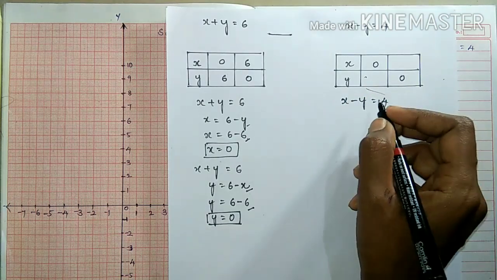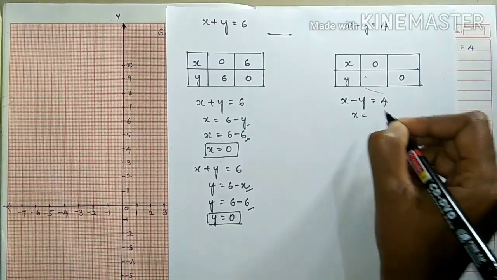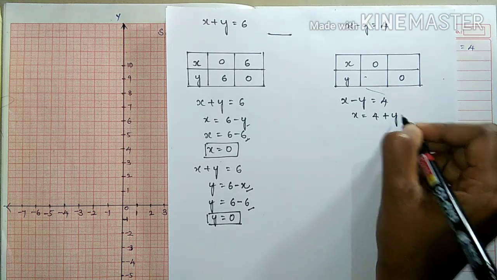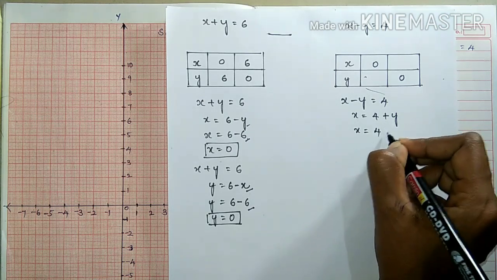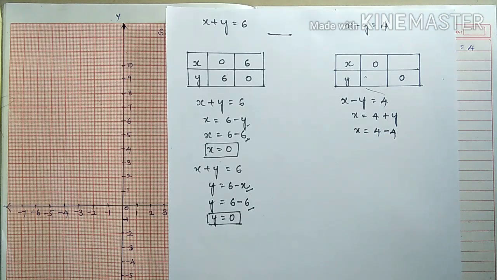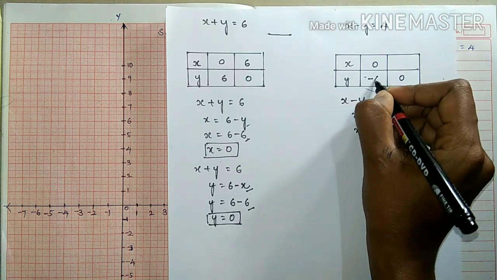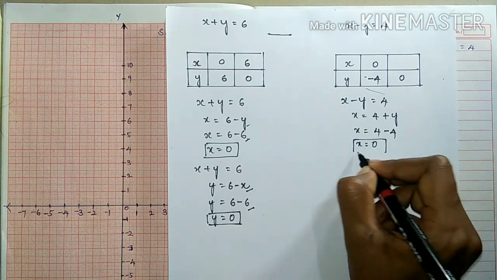See here, x is equal to 4 plus y, since y goes to that side, minus y becomes plus y. So that means x is equal to 4 and the y value I have to give is minus 4. So here I'll substitute minus 4, and then only the x value will become 0.